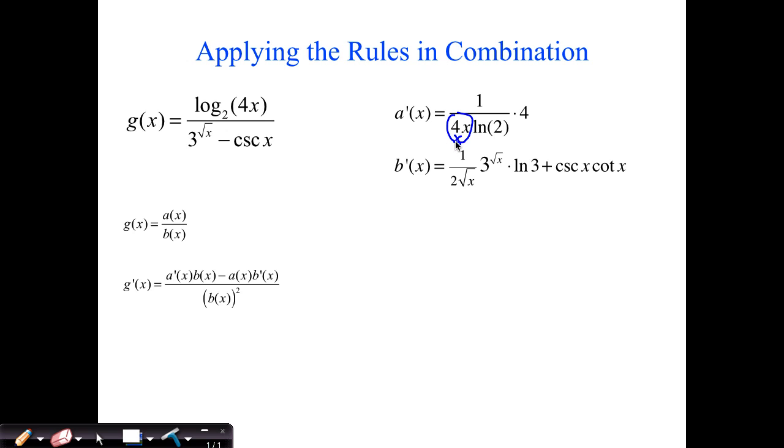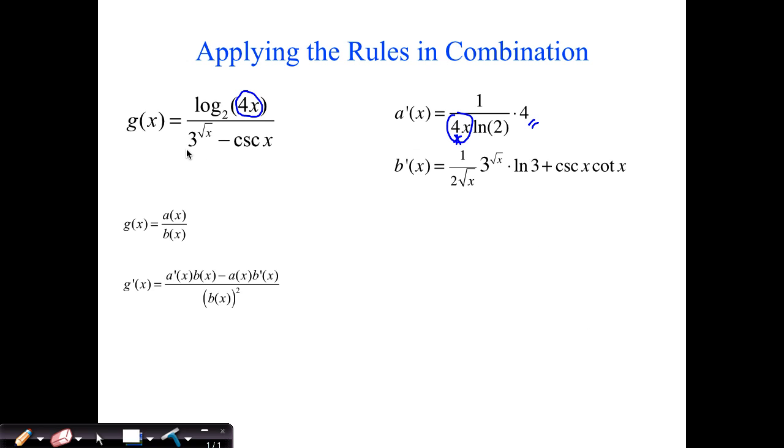But this inner function here has its own derivative. It's just a 4, but don't forget about it. So 1 over that times the natural log of 2 times the derivative of that expression circled. That's where this 4 comes from. So in any case, there's our derivative of the numerator.